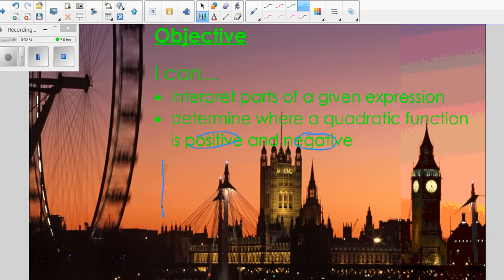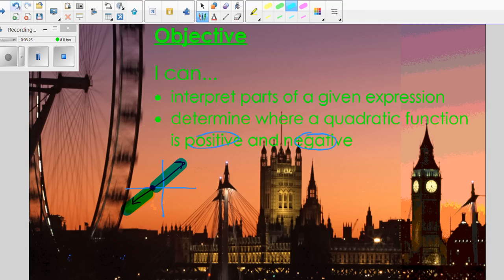It would be when we talked about something like this. So let's say that this is my linear function. Right here, if you remember back to last year, a function was positive or negative. It was positive when your function was above your x-axis, and it was negative when it was below your x-axis. So this function is positive here, and it is negative here because that's where it's below your x-axis.